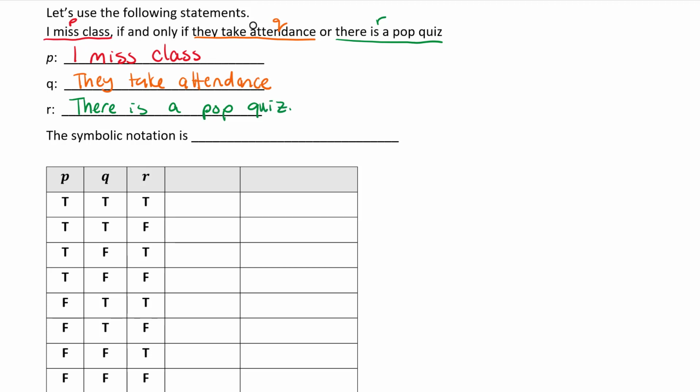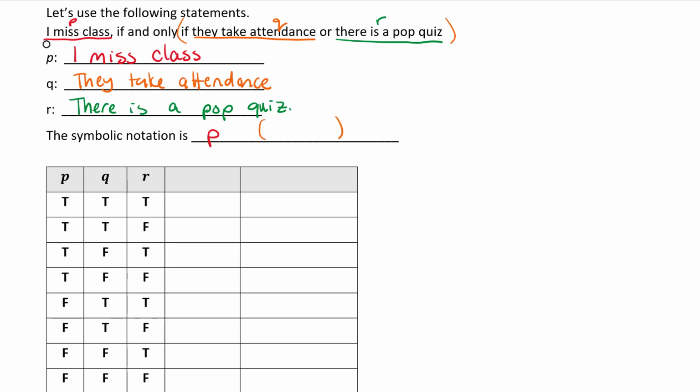Okay, so the symbolic representation. I miss class, comma. So I miss class, that's P, comma. That comma tells us that the first part is all grouped together and the last part is all grouped together. So the first part only has a P, so grouping P together doesn't make much sense. But that does mean that the last part is going to be grouped together.